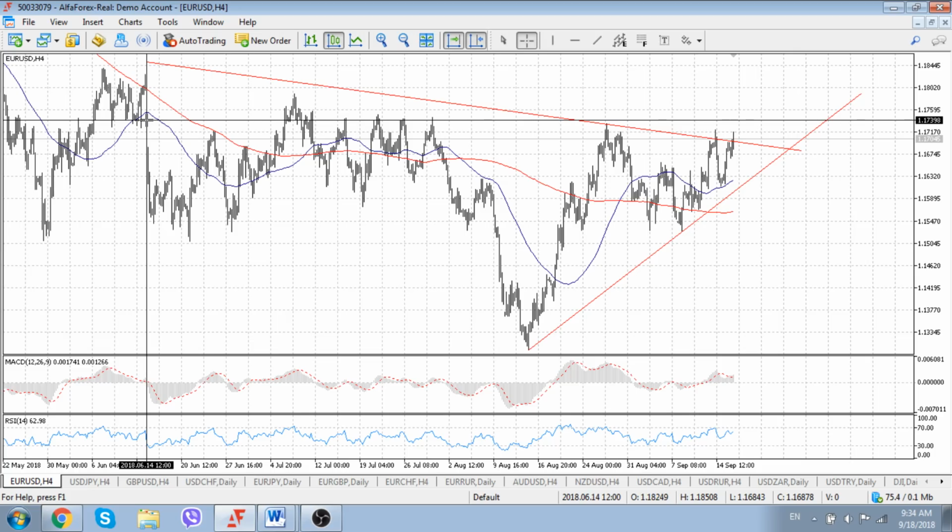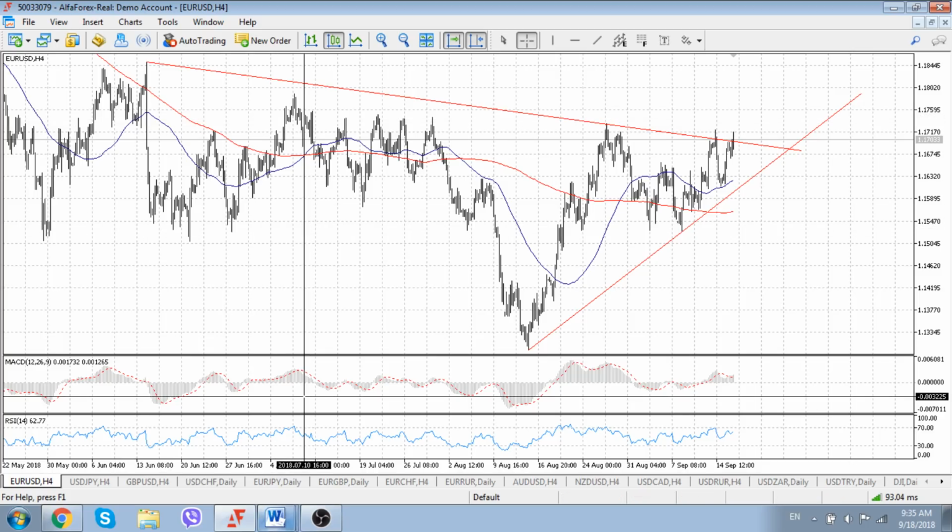But at the time of performing this report, the euro dollar is still finding rather strong interest to sell above the 117 level. Let's see how the situation will develop today in the euro dollar.